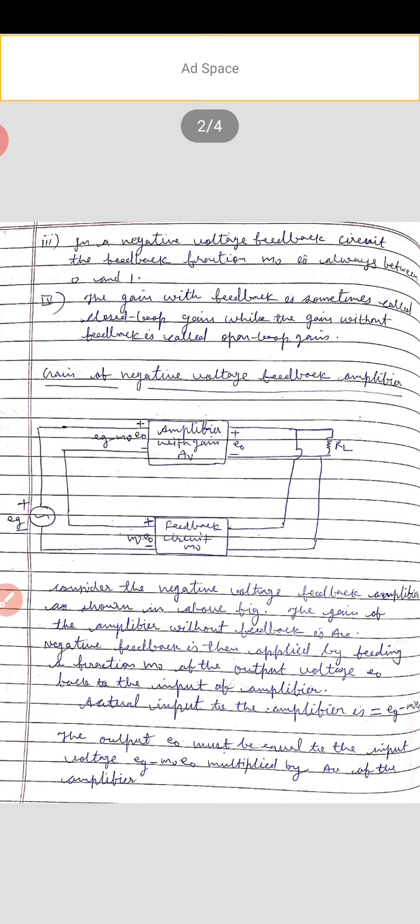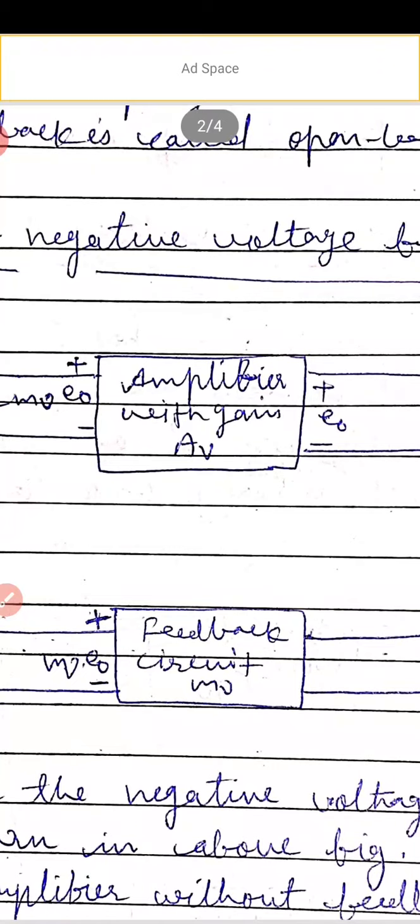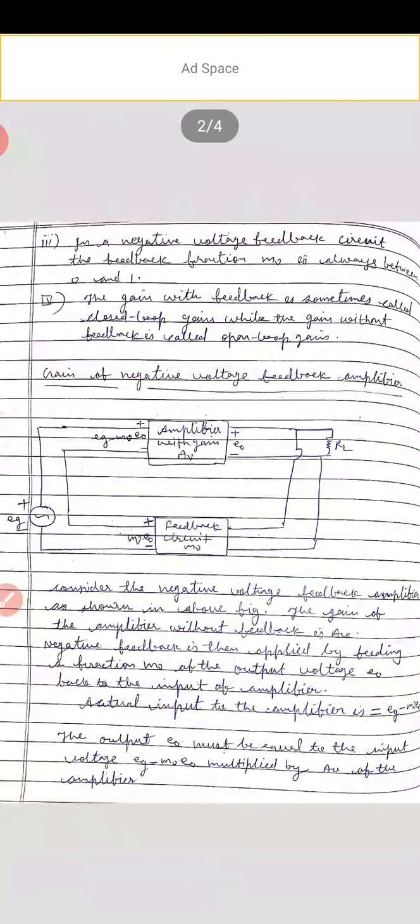The gain of the amplifier without feedback is AV. Now negative feedback is applied by feeding a fraction MV of the output voltage E naught back to the input of the amplifier.